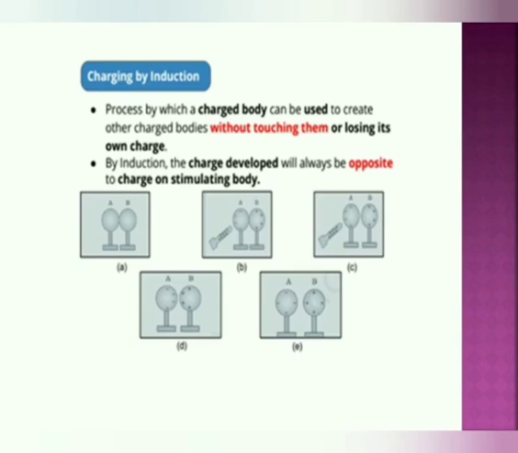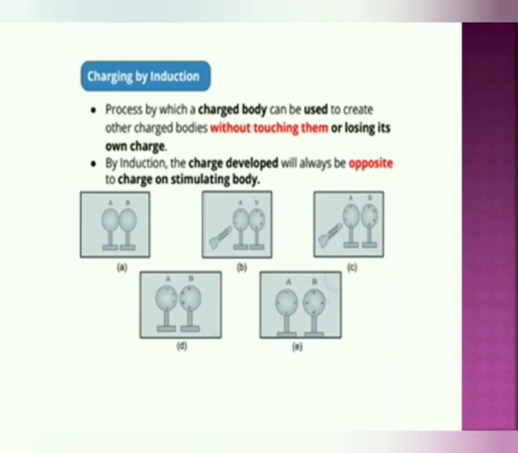For example, you can see in picture A, two spherical metal balls are kept on an insulating stand, so that the charges do not transfer to the ground. Now another rod which is positively charged is brought closer. Remember, no touching. In figure B, what happened is that positive charges repel the positive charges.